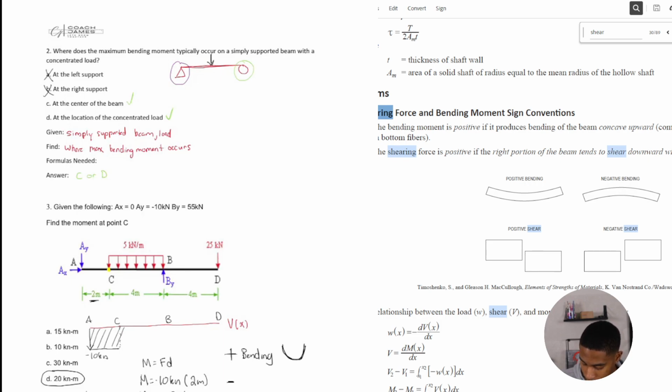And if you have negative bending, it's concave down.